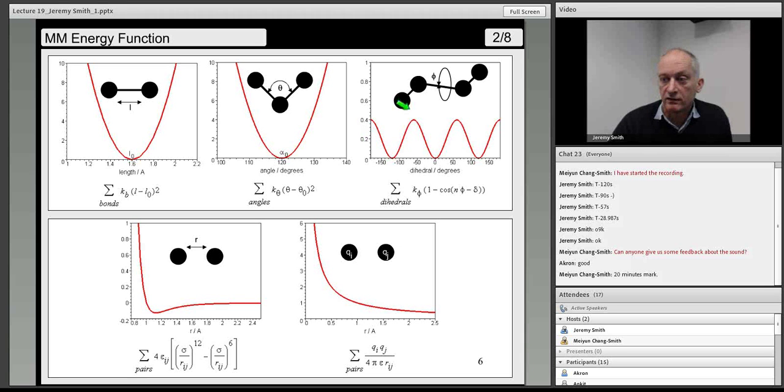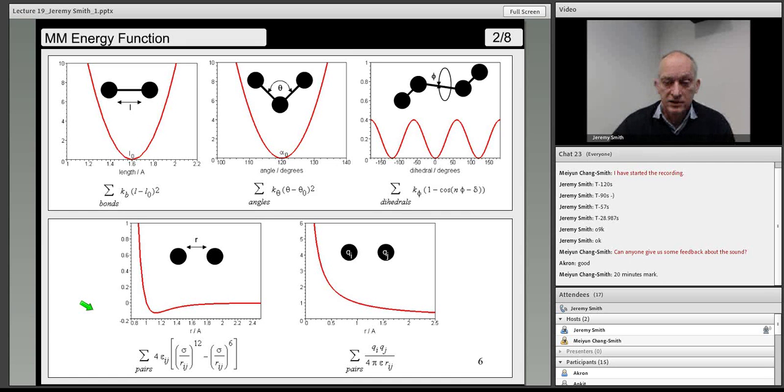Torsions is another one. This is a dihedral angle between four atoms. And these torsions are chemical. Each of these terms depends on the chemical element, the type of atom, the bonding structure that we're thinking about. And then we have these important non-bonded terms.